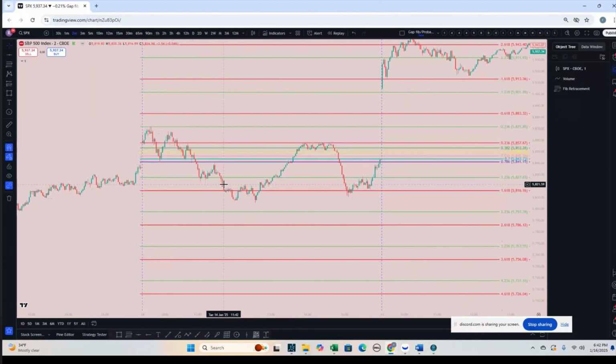We also will stay in between. Typically on a day-to-day basis, we stay in between, as long as it's a decent sized gap.